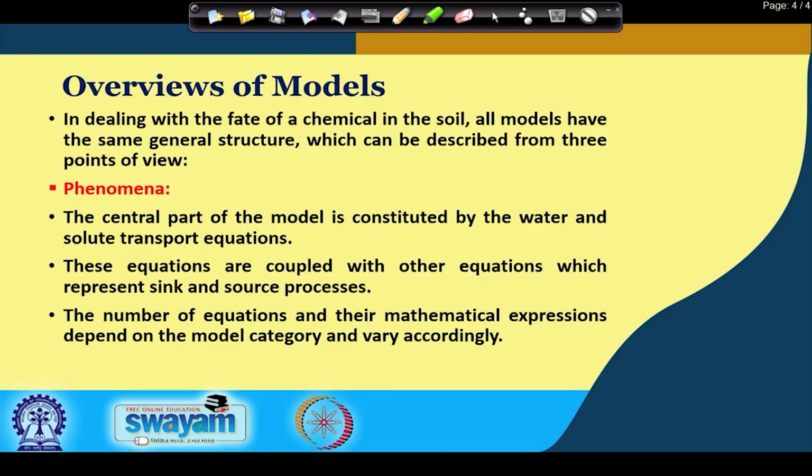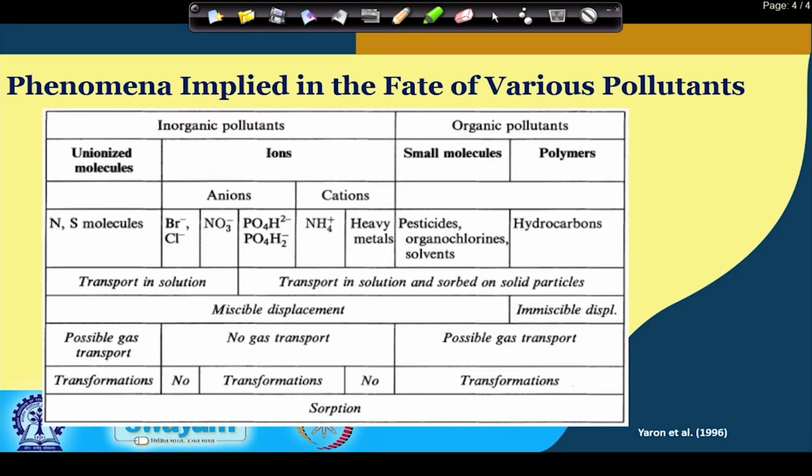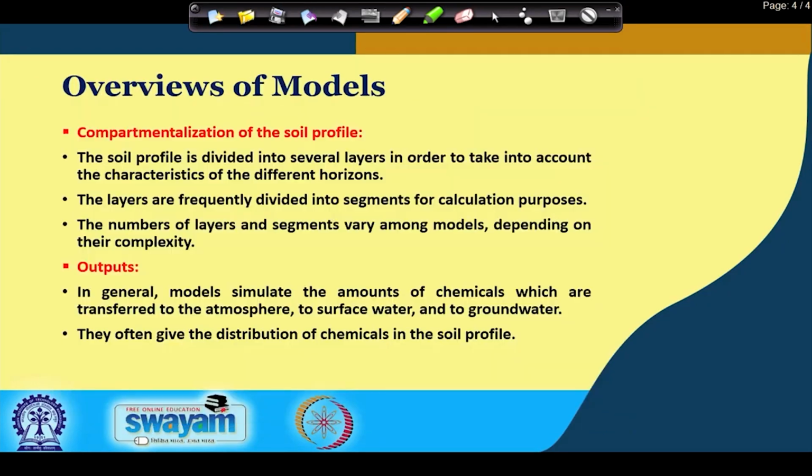Then we covered the phenomena, which is one of the major aspects of these pollutant fate models, and then we discussed this phenomena implied in the fate of various pollutants. We have divided the pollutants into inorganic pollutants and organic pollutants. Then we have discussed their different phenomena.